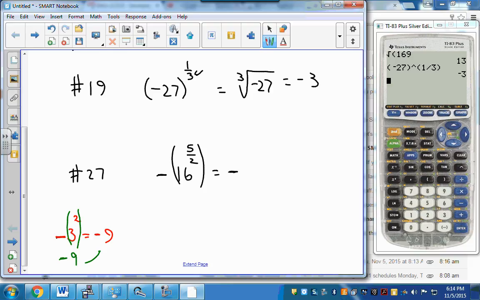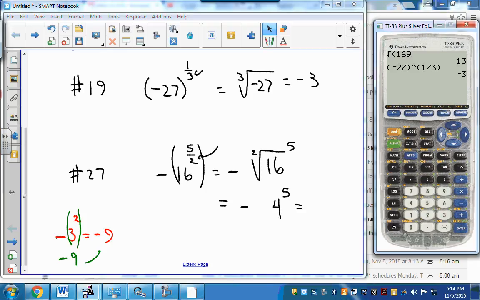And again, the roots are on the bottom. So this is a square root of 16 to the 5th. And you can put the 5th inside or outside. It's much easier to put it outside. The square root of 16 is 4, and 4 to the 5th. If I don't know that, I can just jump over here and put 4 raised to the 5th.